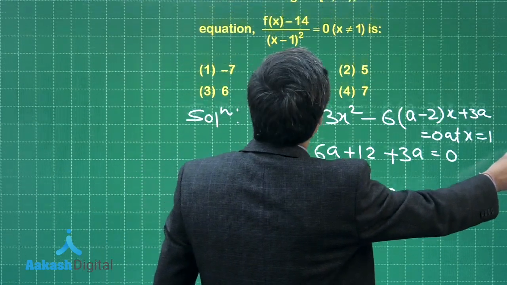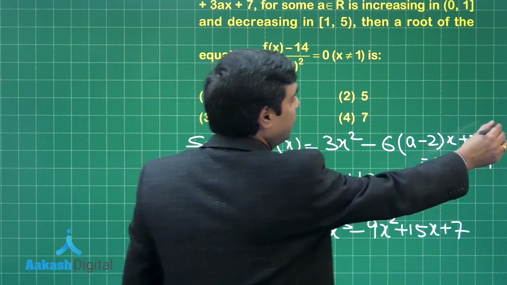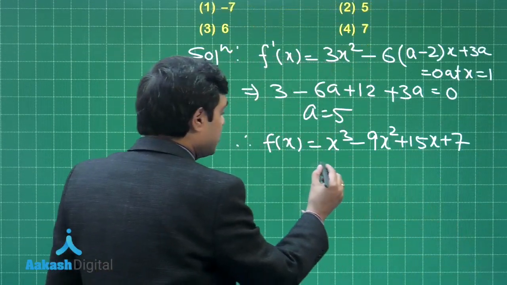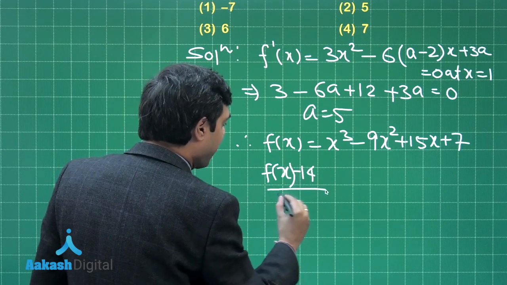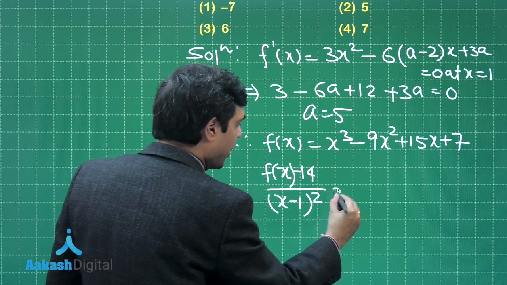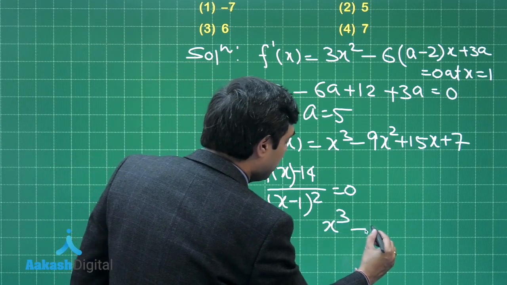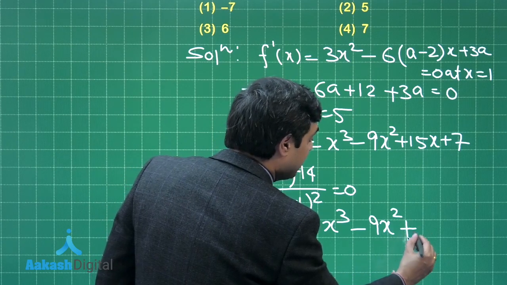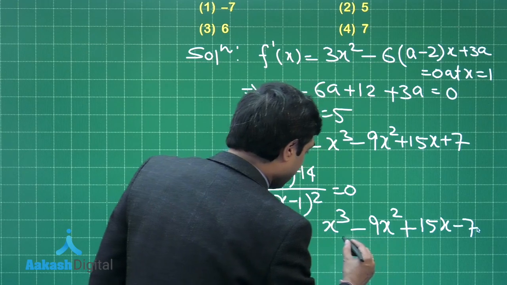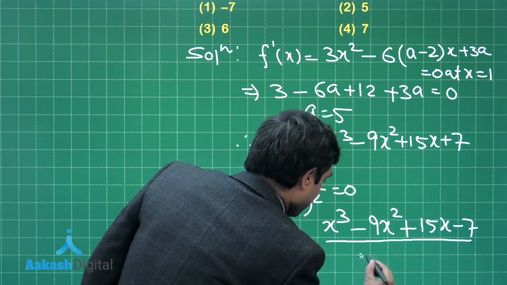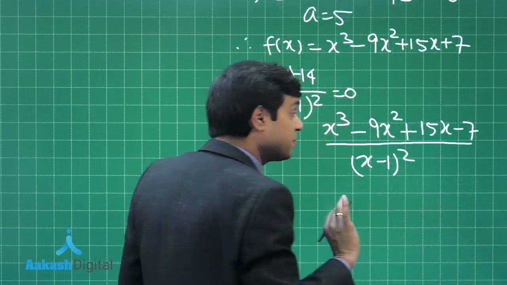Now, what next they are looking for? They are asking for f(x) minus 14 divided by (x minus 1) whole square equals 0, which gives us x cube minus 9x square plus 15x minus 7 divided by (x minus 1) whole square. This part is clear.